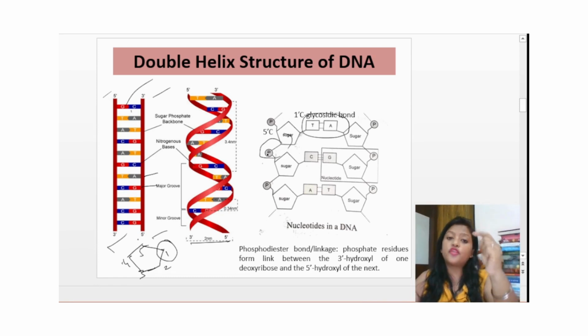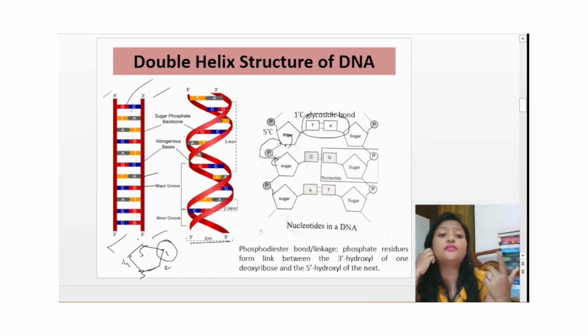See, 3 prime, 5 prime. See, 1, 2, 3. So 3 prime, and this is the fifth one. So when a linkage is formed between the third and fifth, it's known as phosphodiester bond.